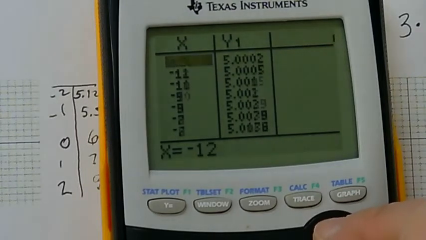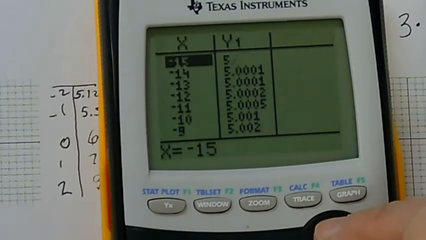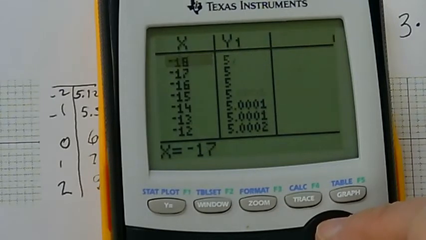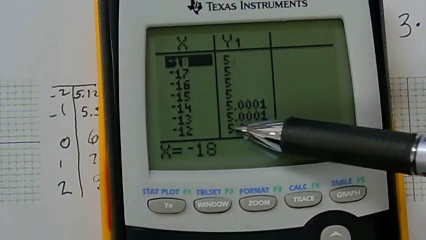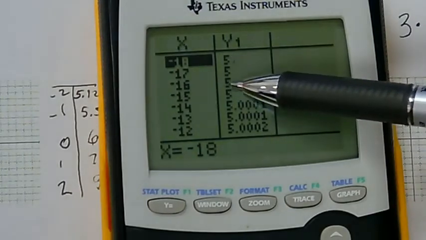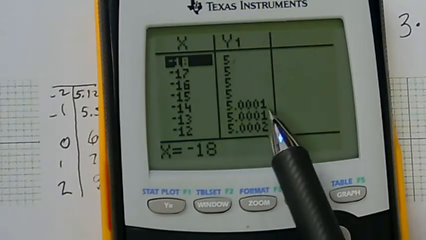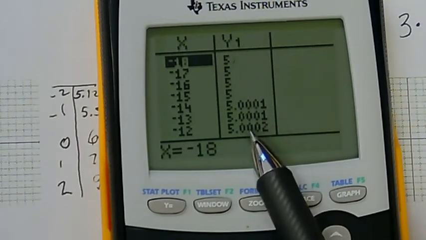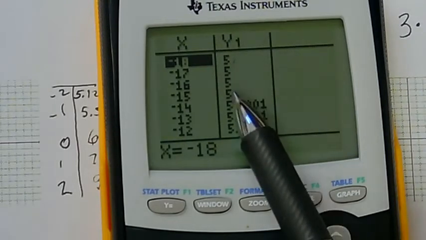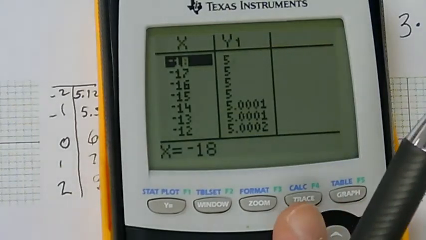Look what happens. This output value is getting smaller and smaller until eventually it's so small they end up just saying that it's 5. Well, it doesn't really touch 5, but they can't keep making this decimal small enough so that it can be an output on the graphing calculator.